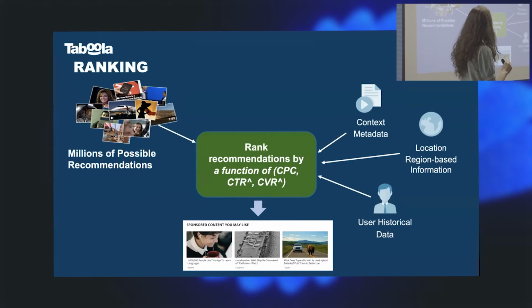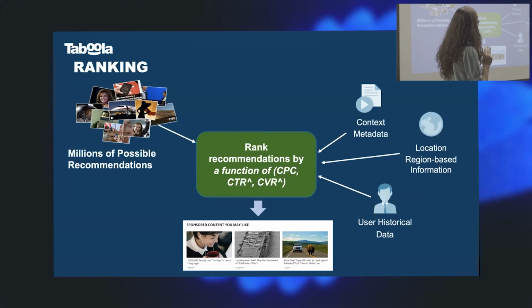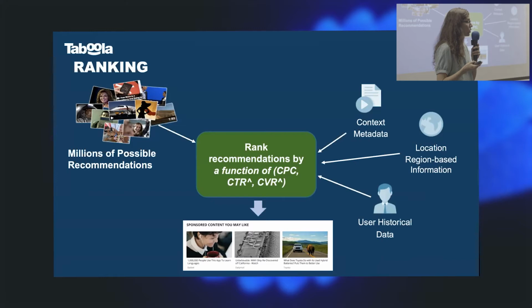And we give this function 3 variables. One of them is the CPC, the cost per click. And of course, if the advertiser is willing to pay more per click, he will be more competitive and he will get a higher score. The other one is the estimated CTR.